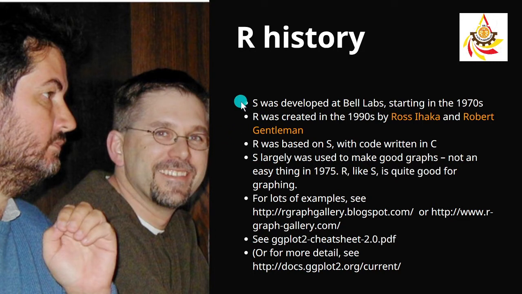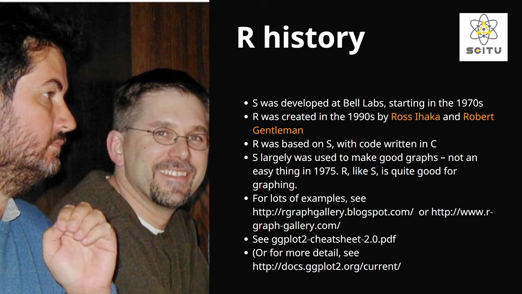Now we develop it as R. R came from both of them: the name Ross and the name Robert both start with R. Now we call it the S script in our program. R was based on S with code written in C.